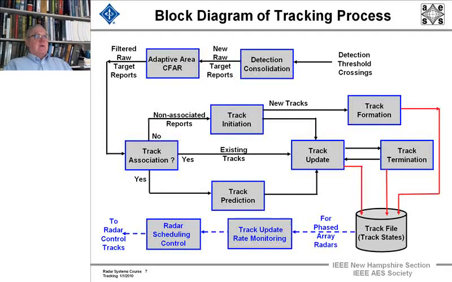So right after we initiate a track, we can send out 2 or 3 confirming pulses immediately to reinforce our knowledge that it is indeed a track moving uniformly in XYZ T space. So for phased array radars, we have an update track monitoring system, and then we'll control the radar scheduling to send out at different times.